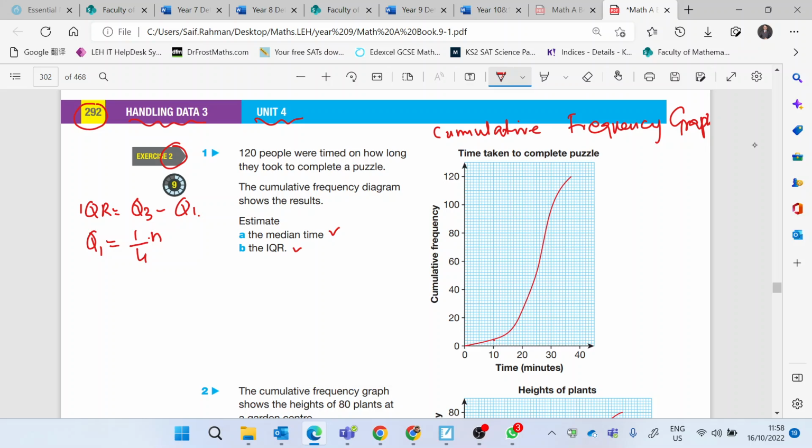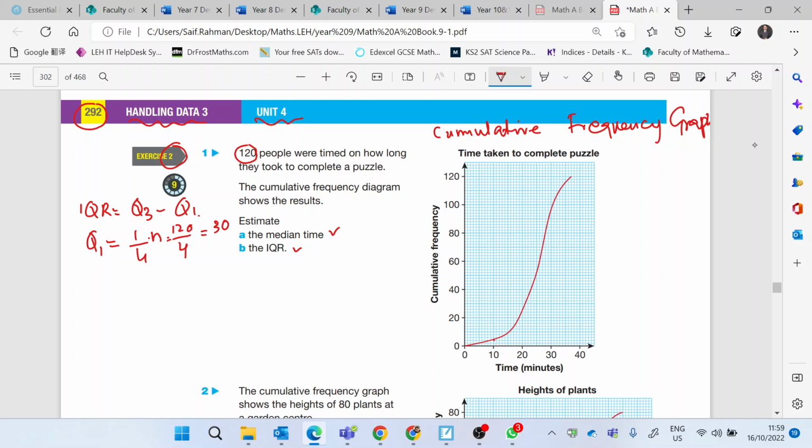Here the total people are 120, so 120 over 4 gives us 30. So 30 is our Q1. We will plot Q1 here.